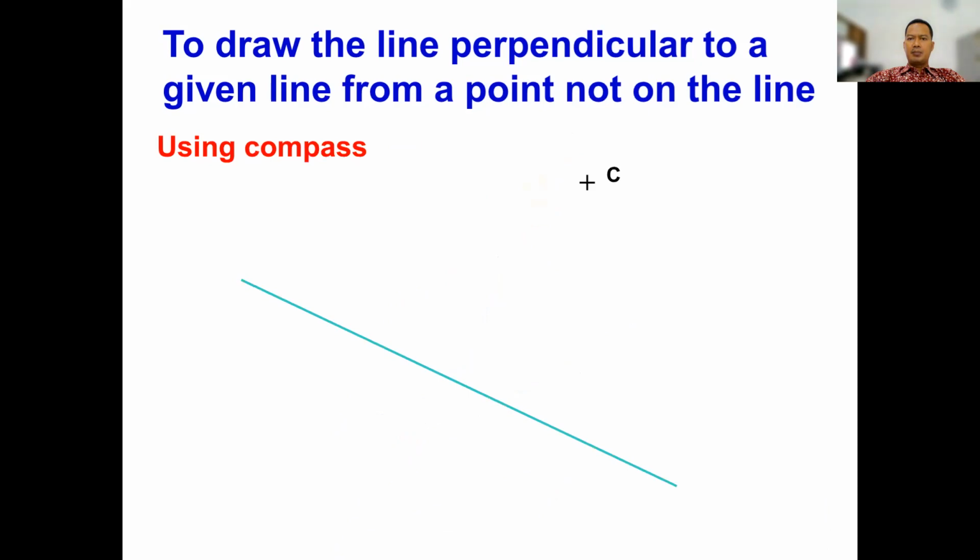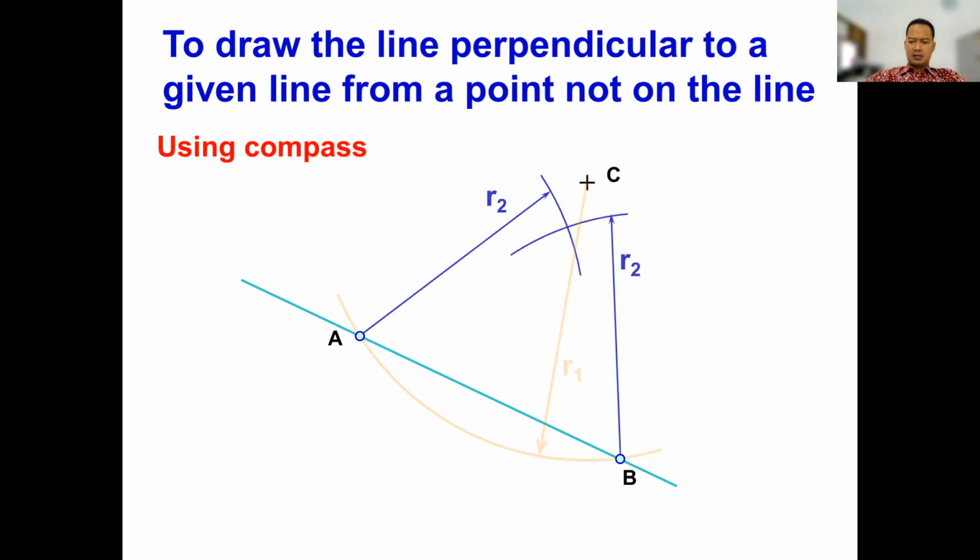To draw a line perpendicular to a given line from a point not on the line with another method, here using the compass, R1, and then you will get the intersections at points E and B, and then another R2 from the centers A and B, and you will get the intersection at point D, and then draw the line through points C and D.